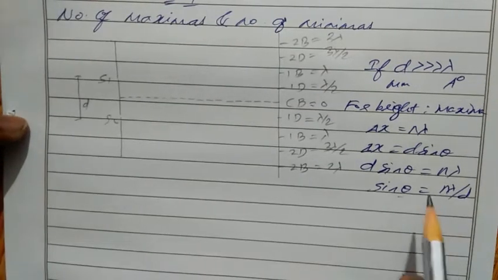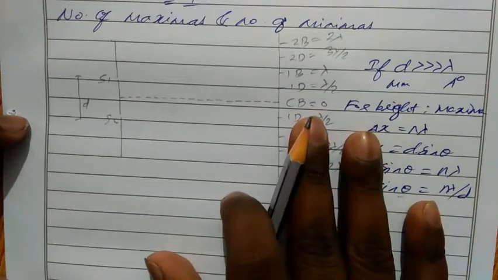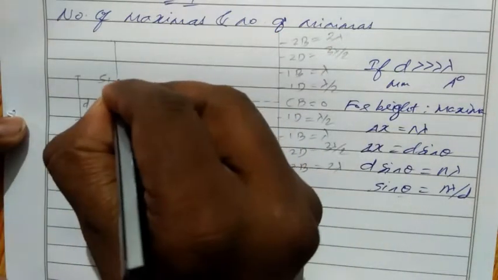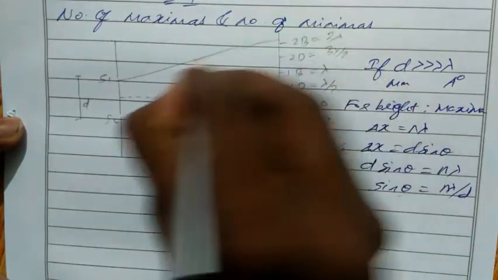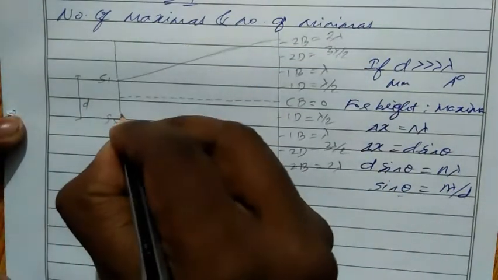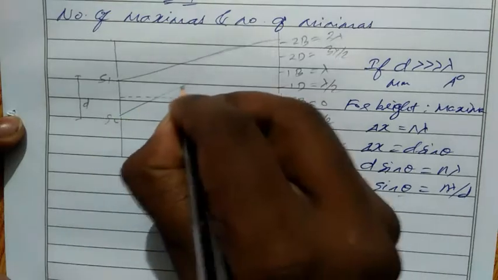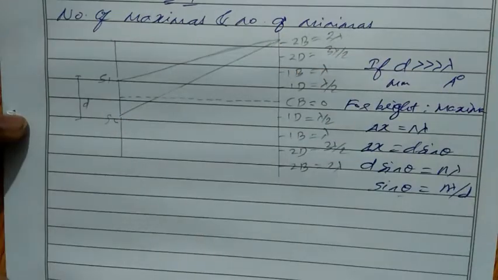So what is this theta actually? For example, if we take any bright fringe, any maximum in this diagram, 2b is a maximum. One light comes from slit 1, another light comes from slit 2 towards 2b.